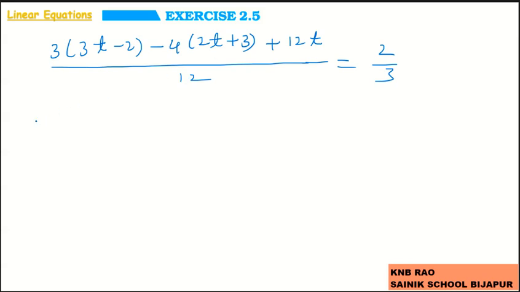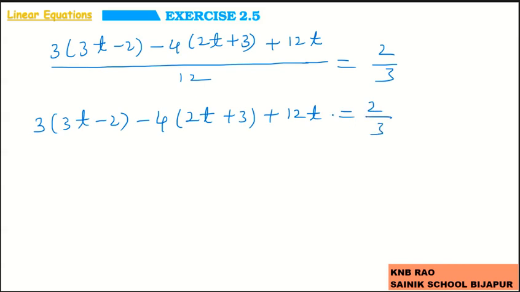That means I will have 3 times (3t minus 2) minus 4 times (2t plus 3) plus 12t equals 2 by 3, so that 12 multiplies here, which means the divisor comes and multiplies in the right hand side.